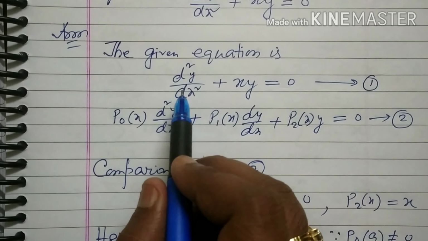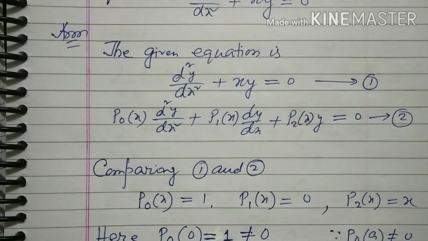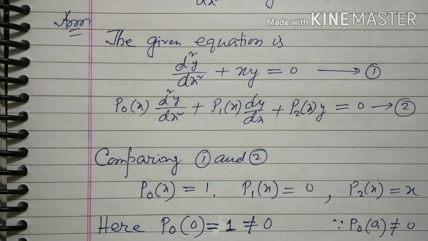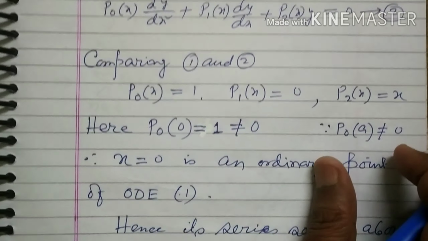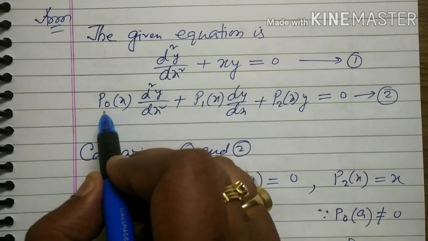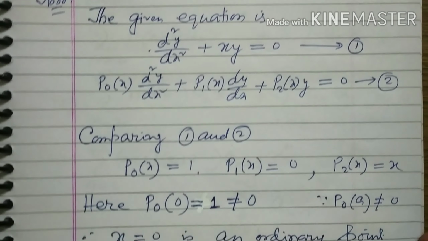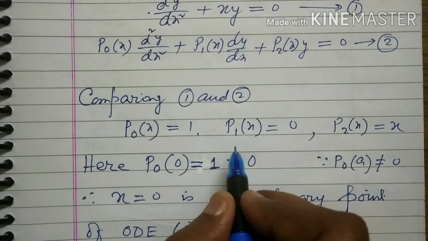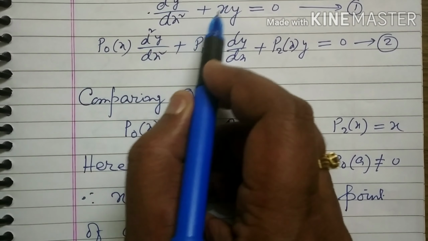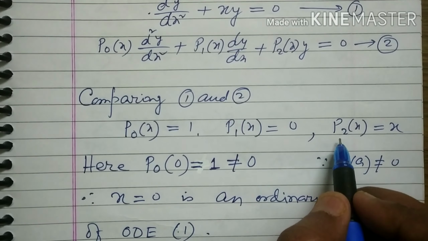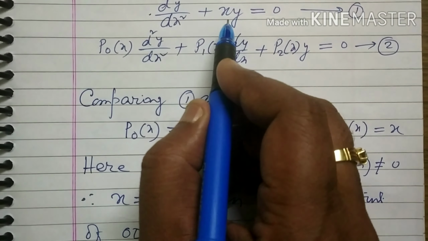If I compare equation number 1 and equation number 2, what do we get? p0(x) is equal to 1. That is a comparison of this and that. So p0(x) equals 1, p1(x) is equal to 0 because there is no first order derivative term, and p2(x) is equal to x.